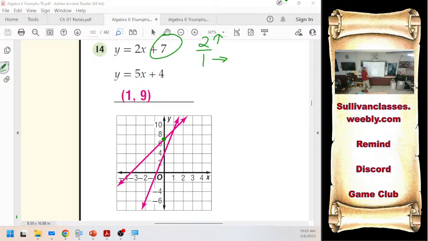If I go up 2 and right 1, I have to count 1, 2, right 1, because the vertical axis is not worth the same as the horizontal. And that can make us go a little cross-eyed. But once you get that pattern, 1, 2, over 1. Down 1, 2, over 1. 1, 2, over 1. Okay?